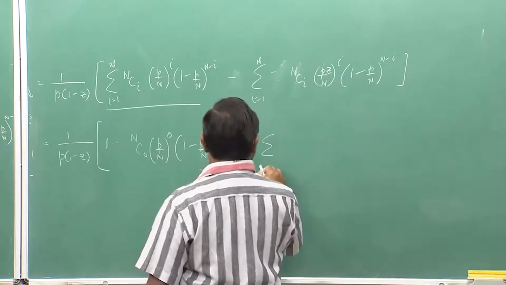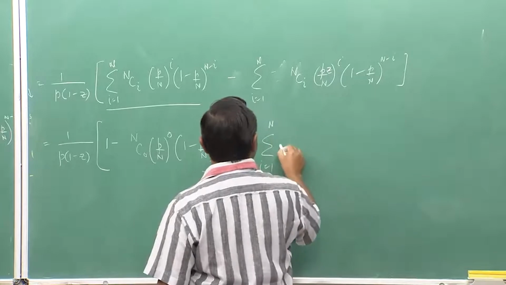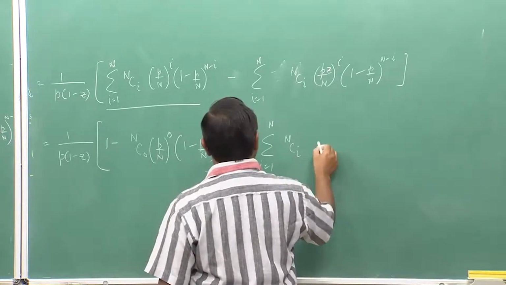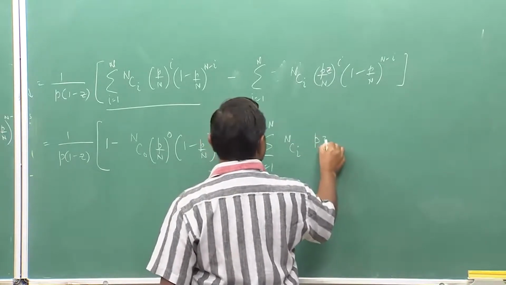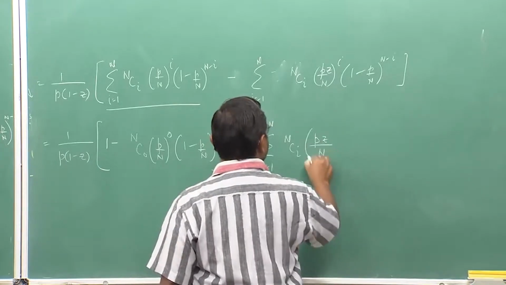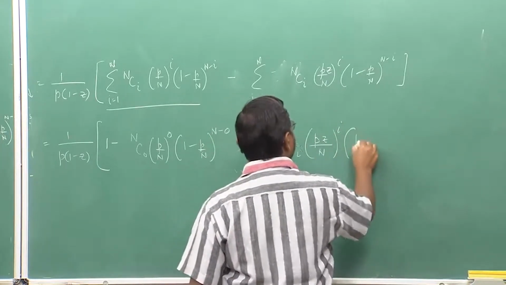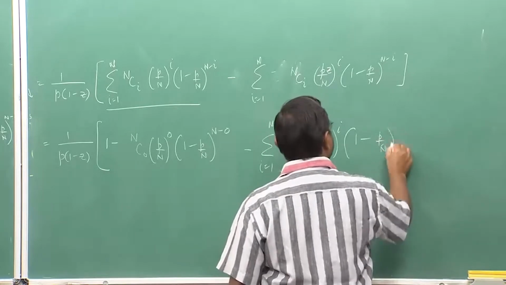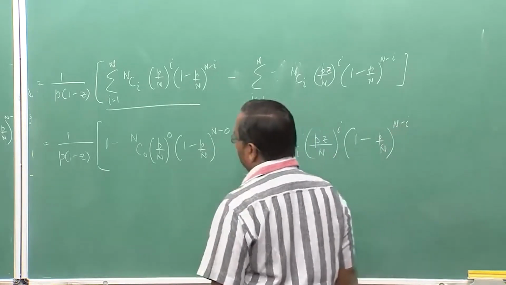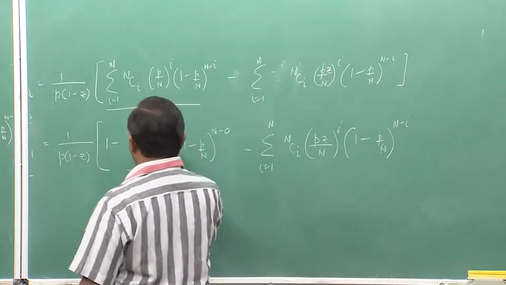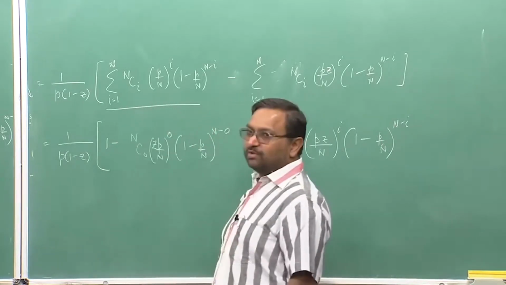So minus summation of I is equal to 1 to n. Now since it is 0, I can put a z also, it does not matter, z raised power 0 is also 1.